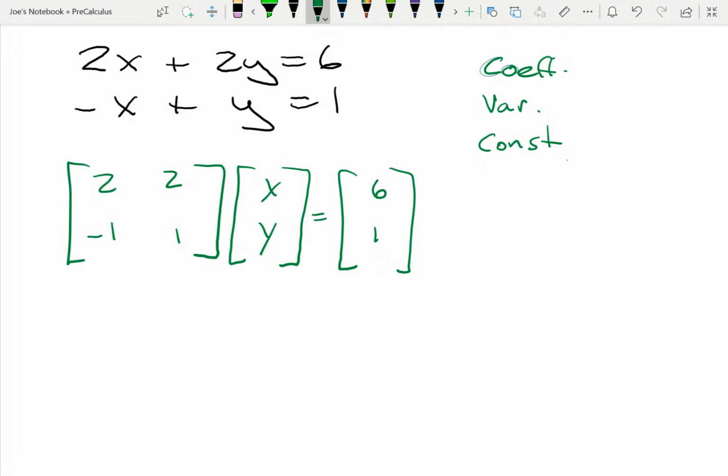Just to put a math point on this, we're basically in A times X is equal to B. This is some matrix times some other matrix is equal to some matrix. So A, X, B, right? And we want to get X by itself. We want to find out what X and Y are.